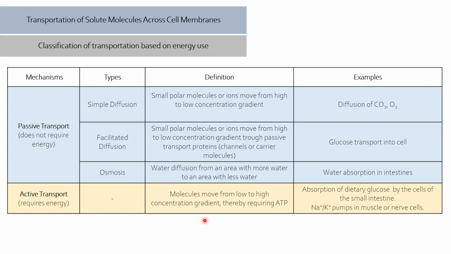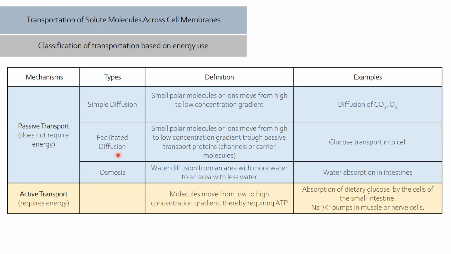When we talk about passive transport, it means that the cell membrane does not need any energy for the transportation of certain solutes. Well, when we talk about active transport, it means that we will need ATP or energy. So there are different kinds of passive transport, such as simple diffusion, facilitated diffusion, or osmosis.